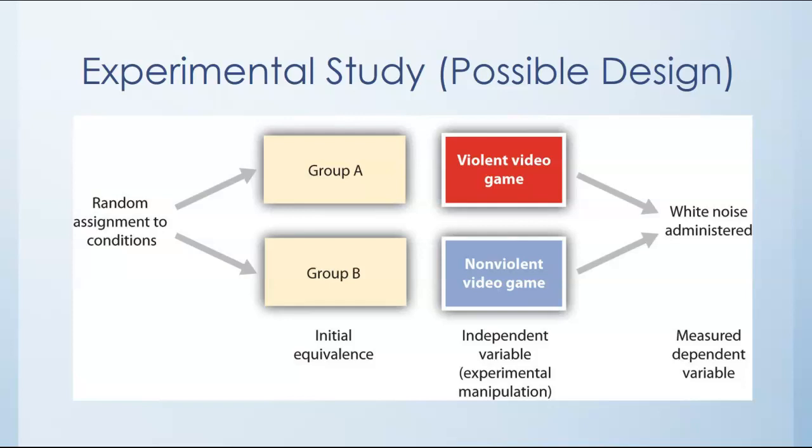So then group A gets violent video games and group B gets non-violent video games. And then we do a white noise administration to see how they respond to the white noise. Does it increase their anger? Does it decrease? Things of that nature. We would then measure that as our outcome, trying to determine if the people who were in the violent games were more prone to violent after effects.